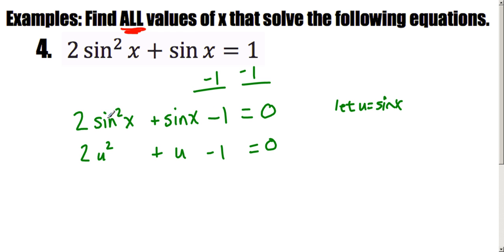And if you can eyeball it, and if you're good with doing a quadratic and a trig function together, you don't have to do this u substitution, but it sure does make it look easier, less frightening.